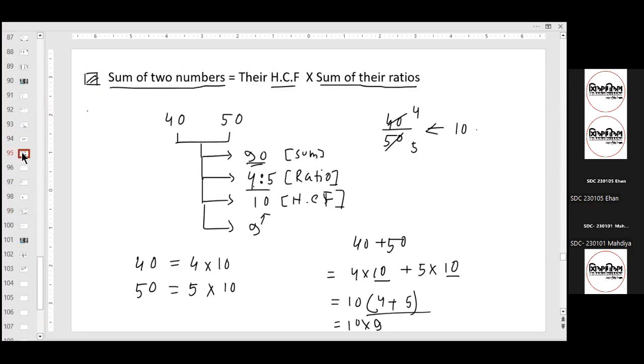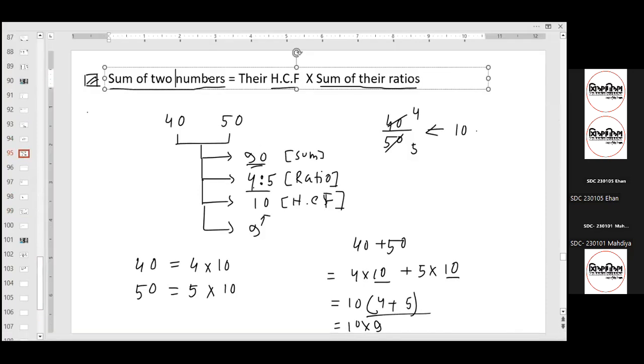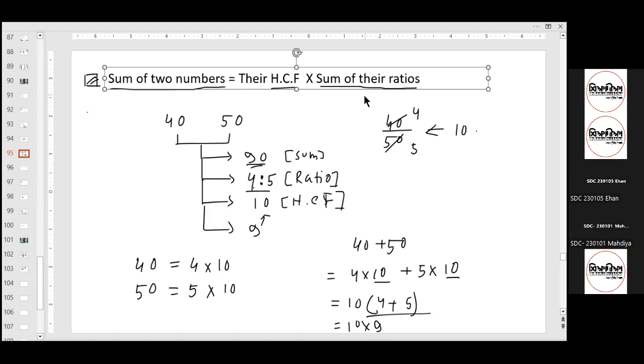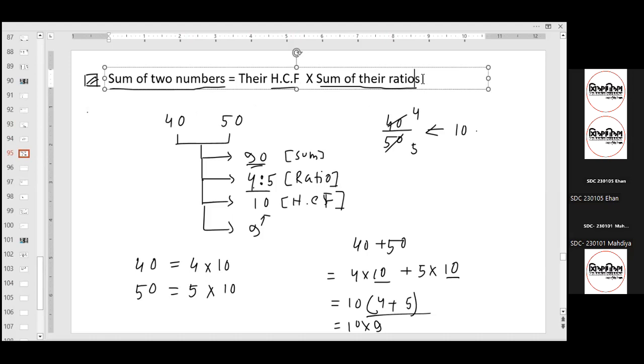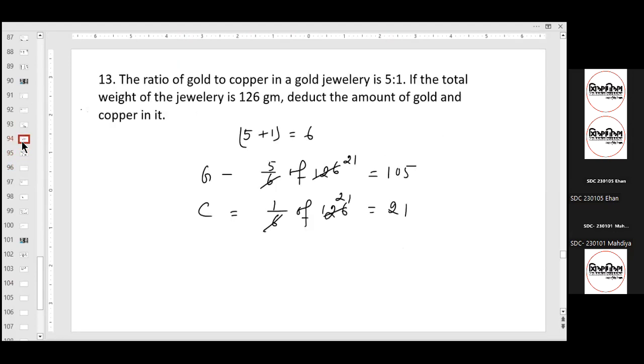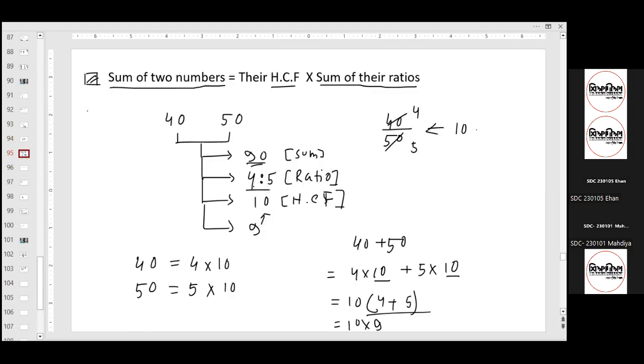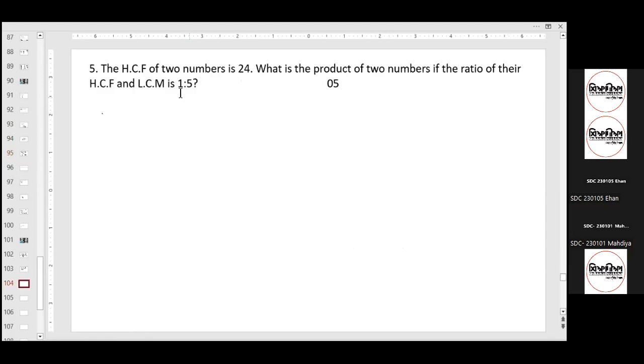We went through this formula that the sum of two numbers is equal to the product of HCF, right? Sorry, this is the sum of two numbers. Hold on, what is the math actually? The HCF of two numbers is 24.